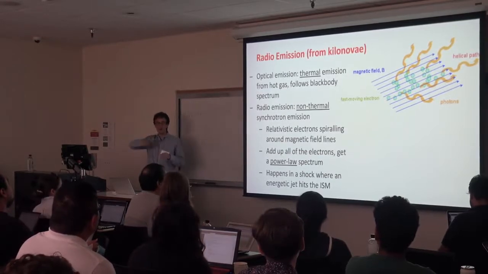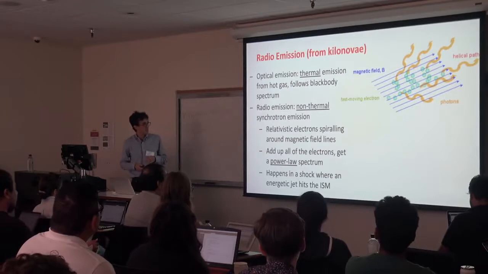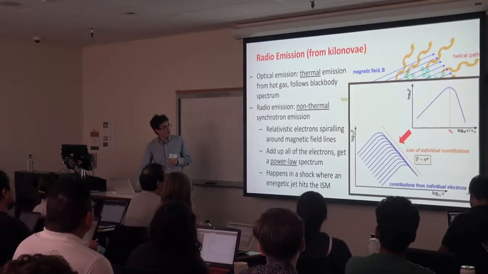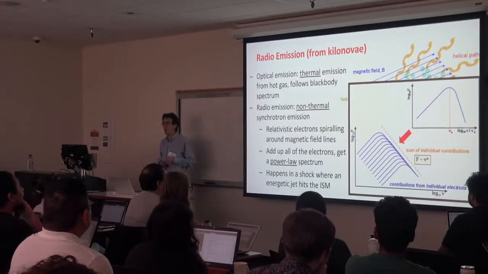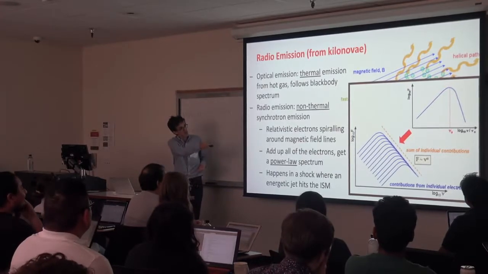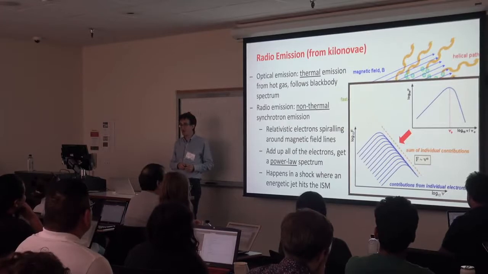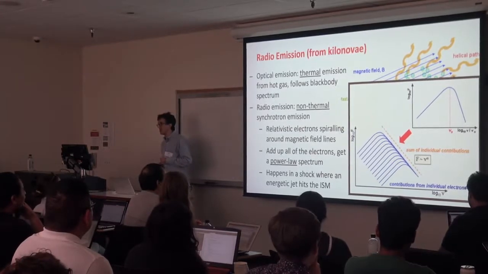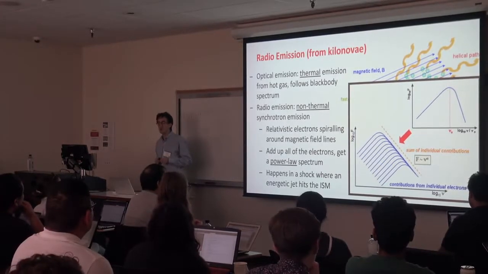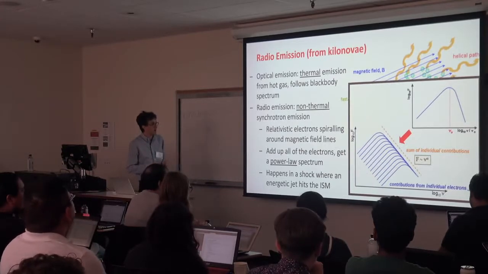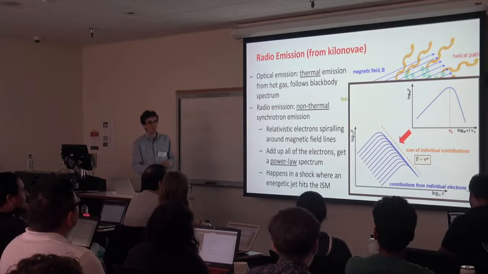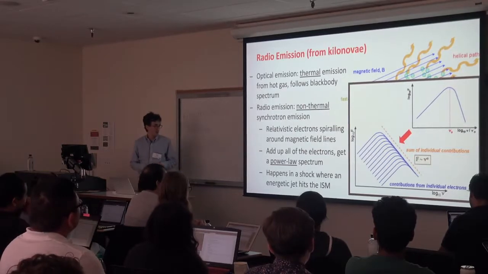Relativistic electrons spiral around magnetic field lines. Each individual electron has a spectrum sort of like that, but when you add up a whole bunch of them, you end up with a spectrum like that, you end up with a power law. So like Brad mentioned earlier, same as in X-ray, same as in radio, power laws are pretty ubiquitous. The non-thermal emission can be described by a power law. The flux is proportional to the frequency to some exponent.